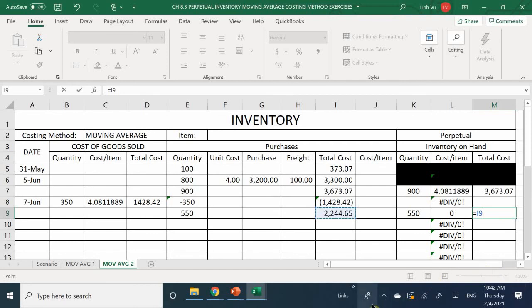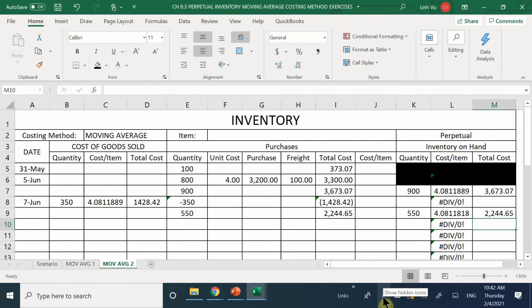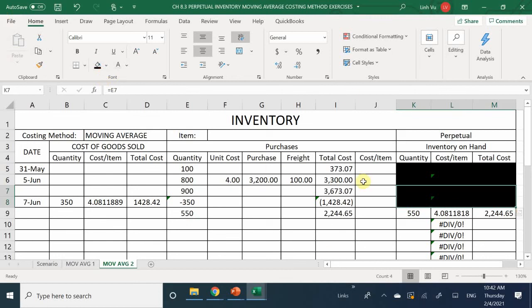I have 4.081. Good. Of course, I'm going to block this section out so we don't see it, because our new average is right here.